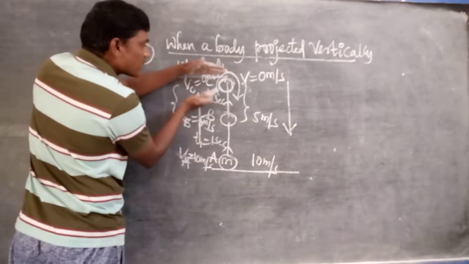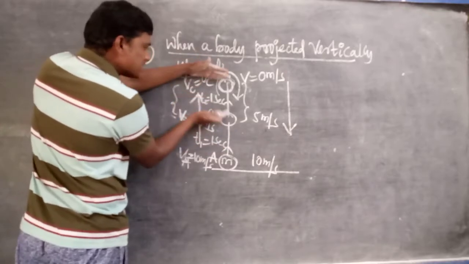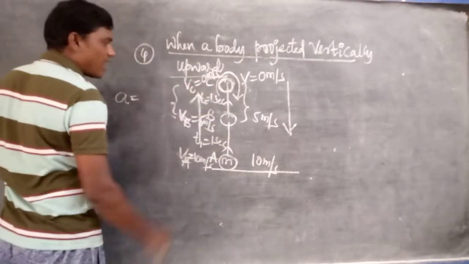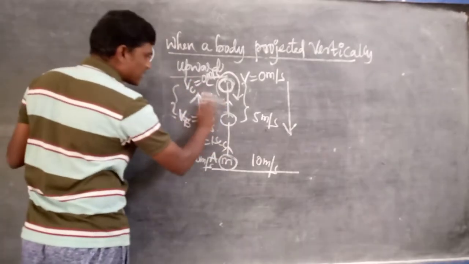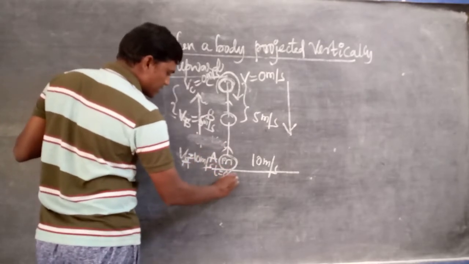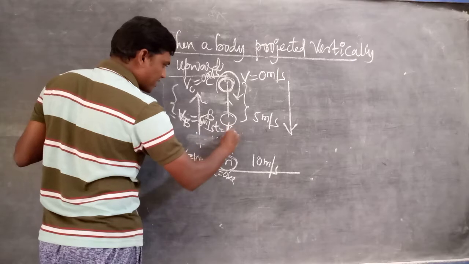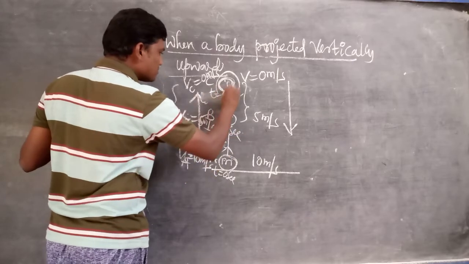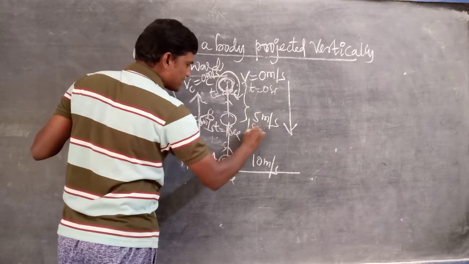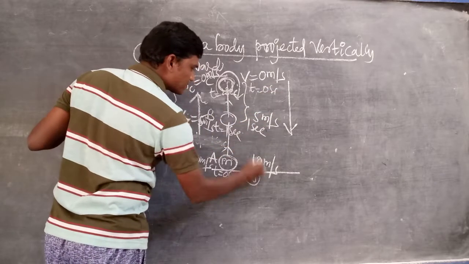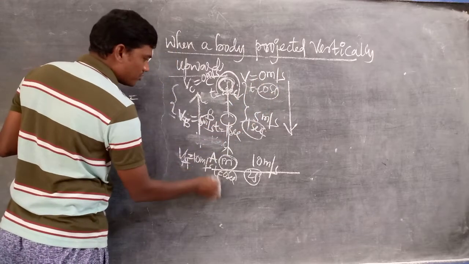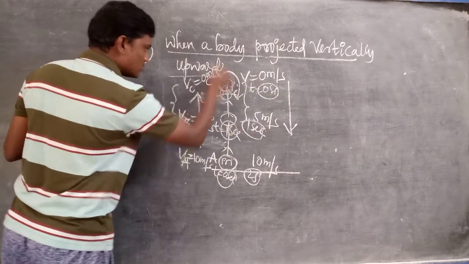The time taken by the body to reach from B to C is 1 second, and from A to B is also 1 second. So t1 equals 1 second, t2 equals 1 second. For example, here t equals 0 second, 1 second, 2 second. Here also t equals 0 second, 1 second, 2 second.